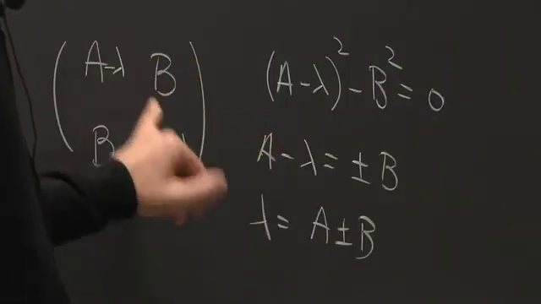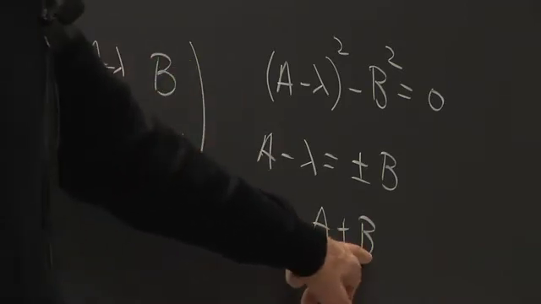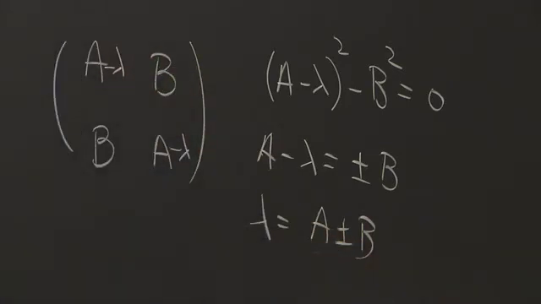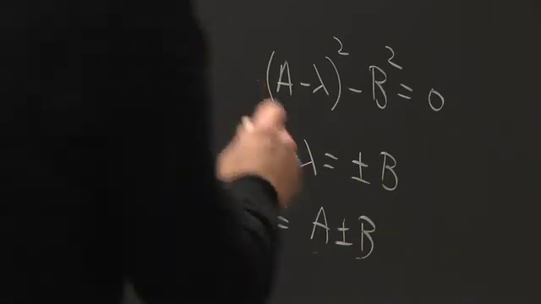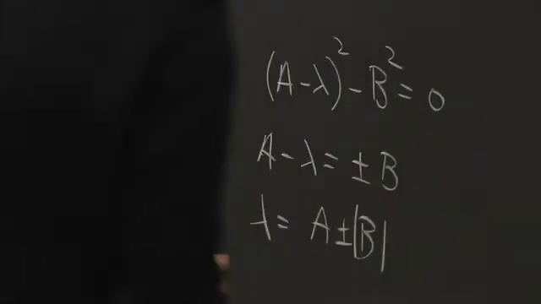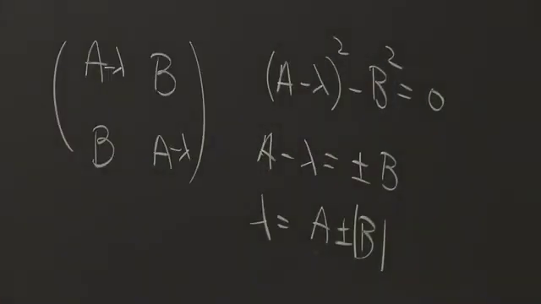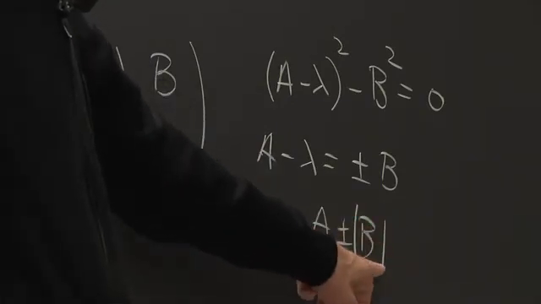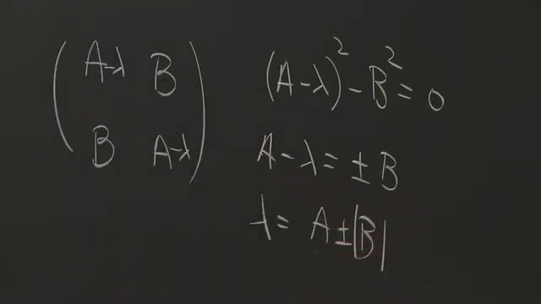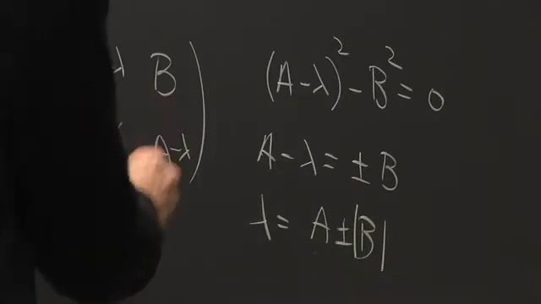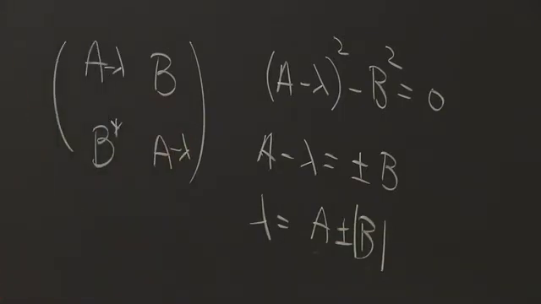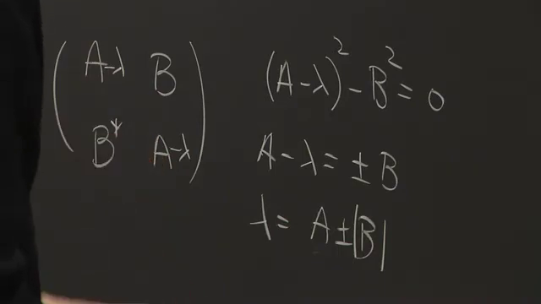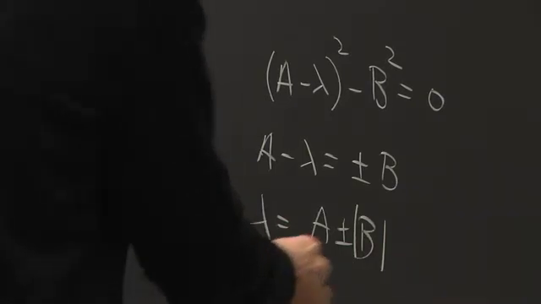So this matrix has these two eigenvalues. Actually, I need to be careful and put the absolute value of b, which doesn't change anything if this is a real number, because if the sign of b is negative, I can just change the two signs. It's irrelevant. But if this is a complex number, of course, I have to be careful. If this is a complex number, I would have b star, not b. So let me assume that I'm working with real numbers to keep this simple.